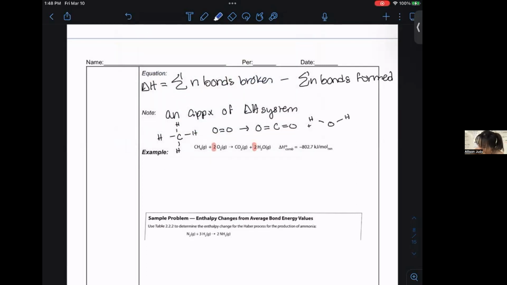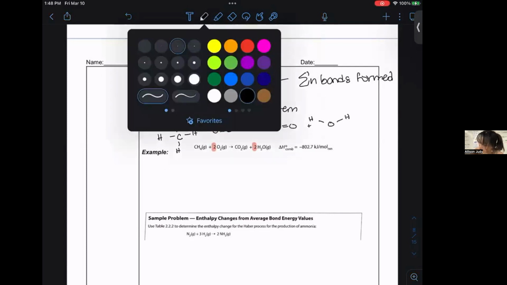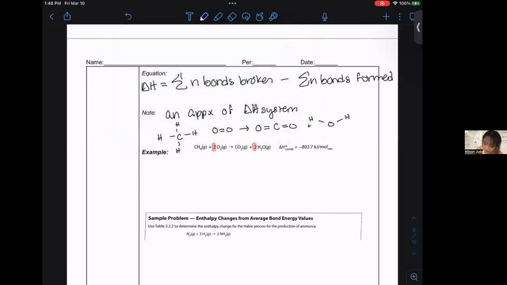So what we would say is bonds broken. What got broken? I'm going to break 4 C-H bonds and 1 double O bond. But technically, I'm not breaking 1 double O bond, I'm breaking 2 double O bonds. So I broke 4 C-H bonds and 2 double O bonds.